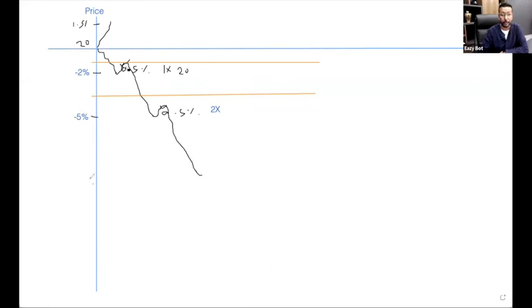At the price of minus 8%, minus 8% is going to initiate another buy. But that buy is going to be of a value of 4x this time, just to have bigger volume down and bring down the average price.